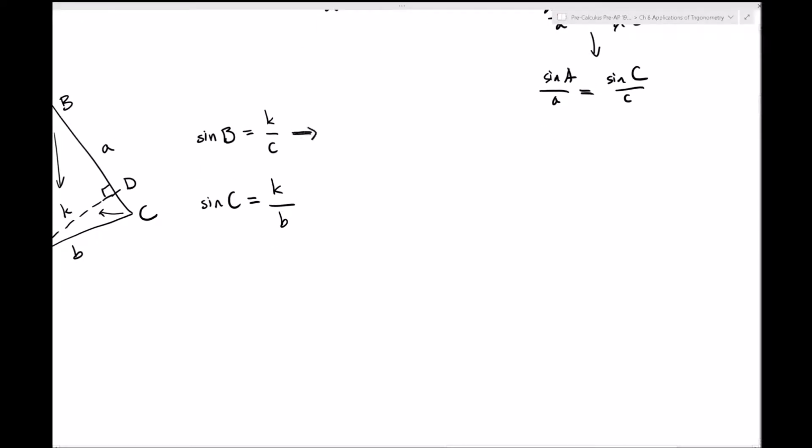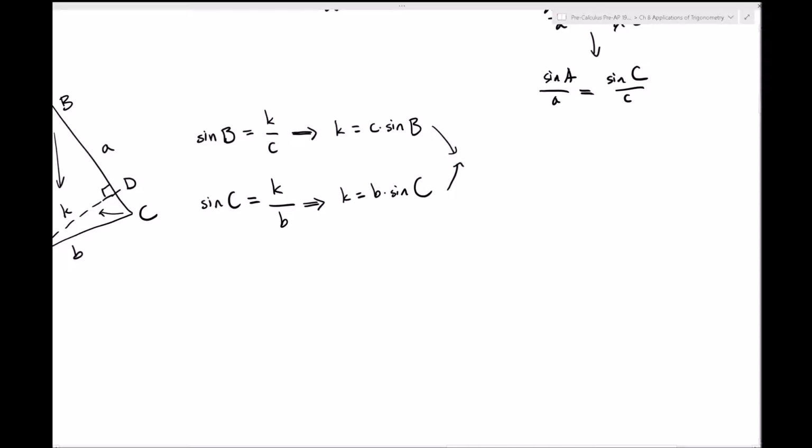So what we do here is we multiply by c on both sides. So we get k is equal to c sine B. Multiply by b on both sides for this one, and we get k equals b times sine C. These two together, we can set them equal to each other.